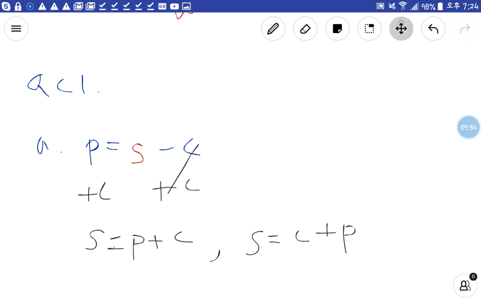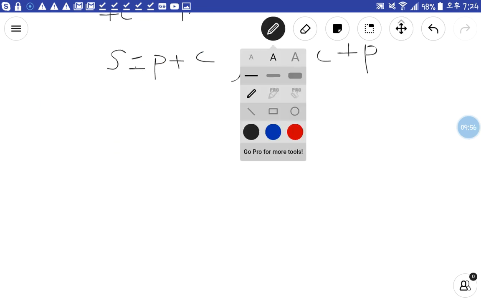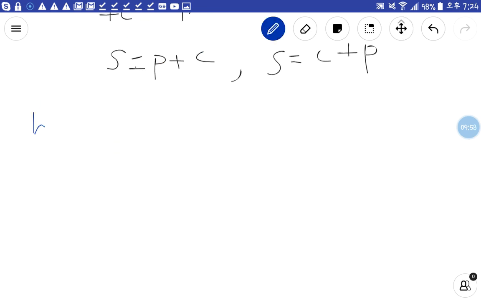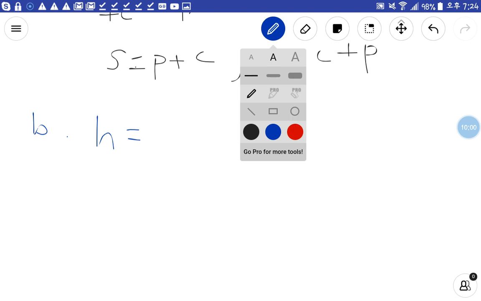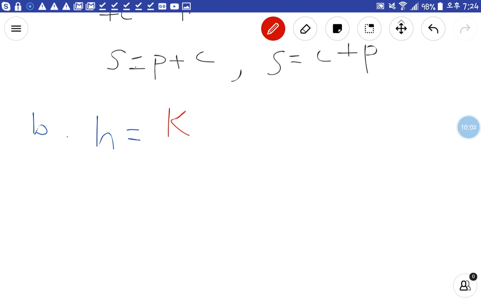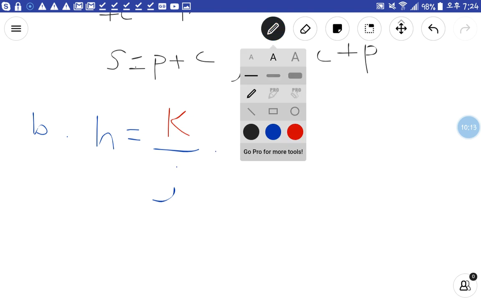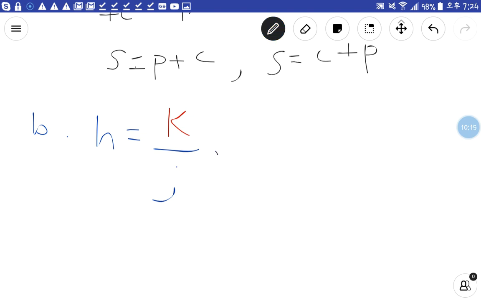Alright, B. Your question is H equals K over J. So I want to leave K alone. I'm going to times J on each side so that I can leave K alone. So times J on each side.